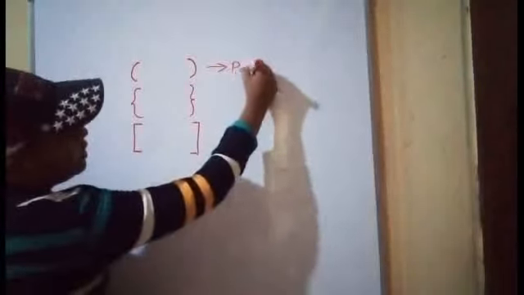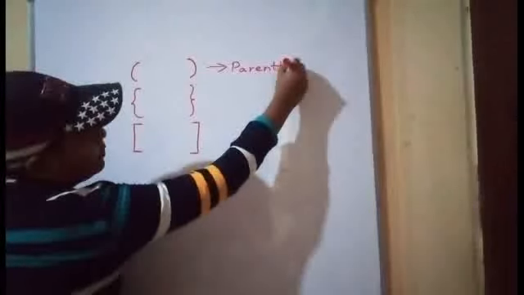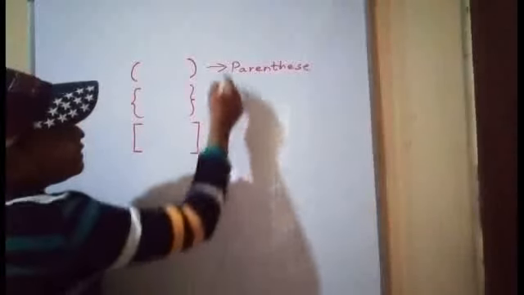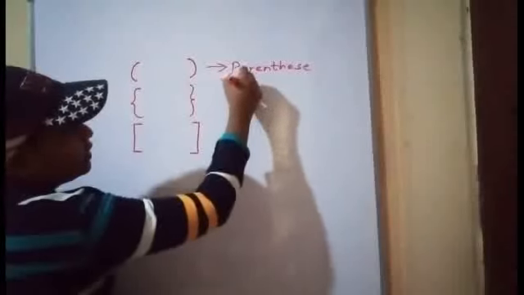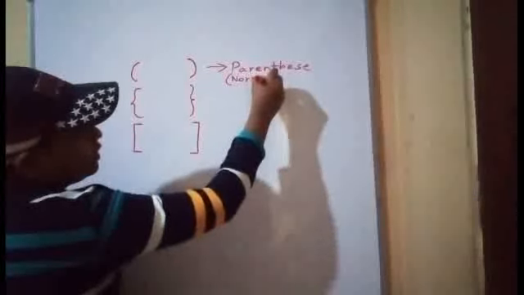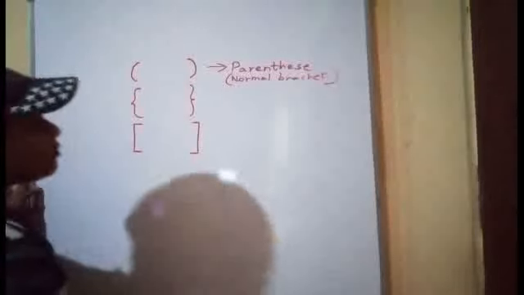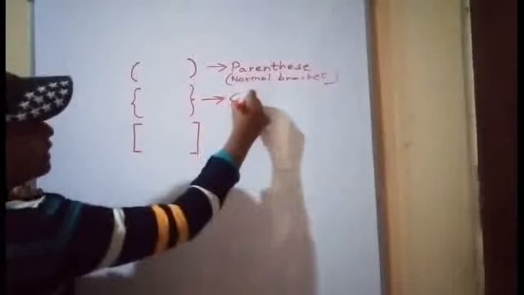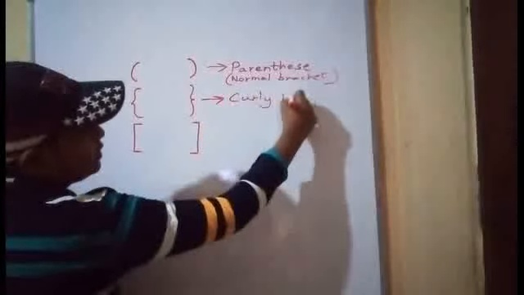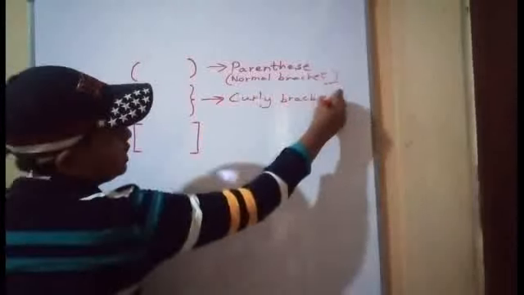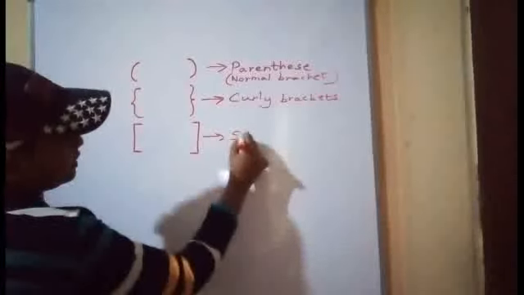This is the parenthesis, the normal bracket, which we use for most things. This is curly brackets, and this one is square brackets.